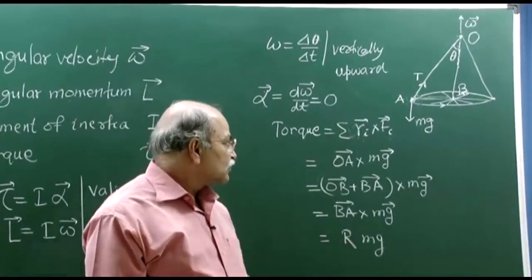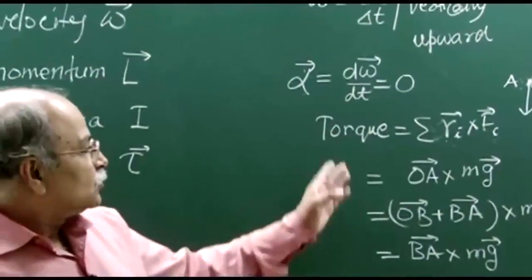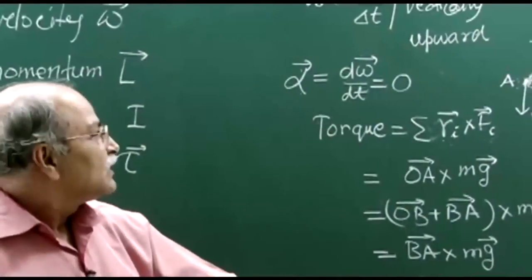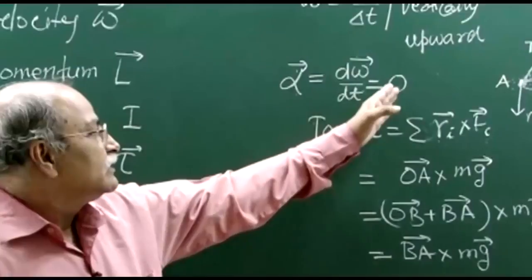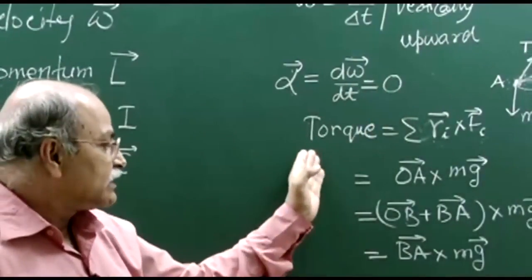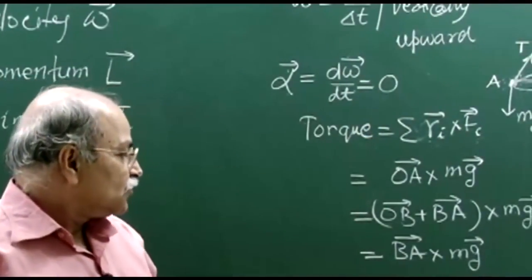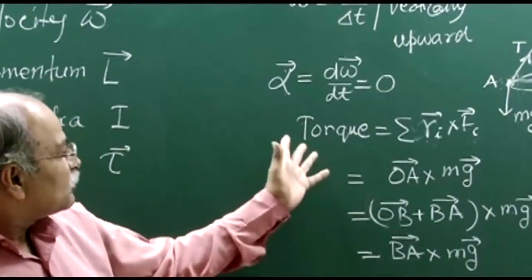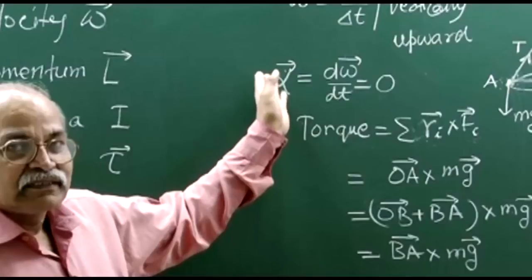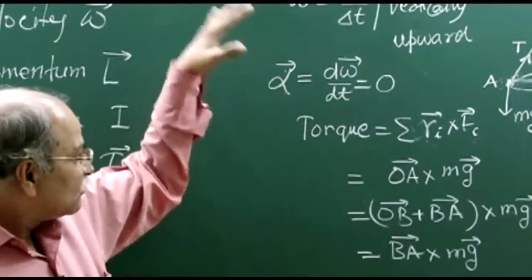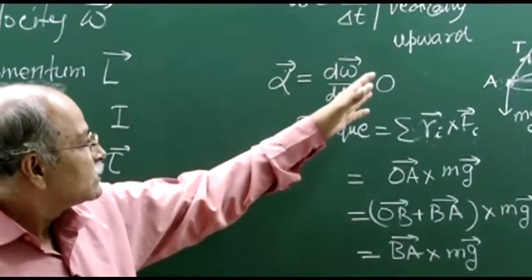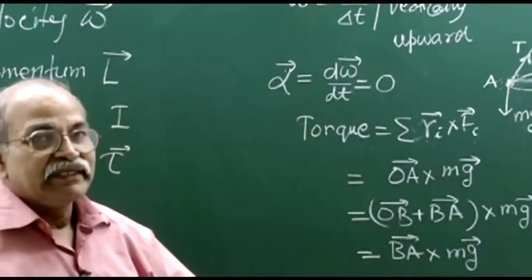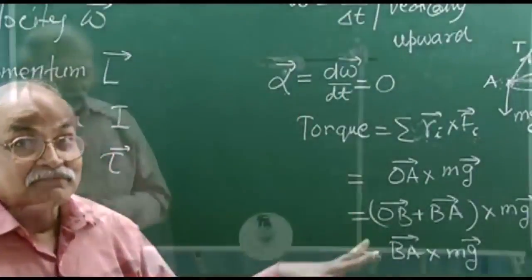So, this is the magnitude. And so you see that the torque is not 0, the angular acceleration is 0, but torque is not 0. So, it is not always true that torque produces angular acceleration, that torque is equal to I alpha. If alpha is 0, torque should be 0. It is not always true.